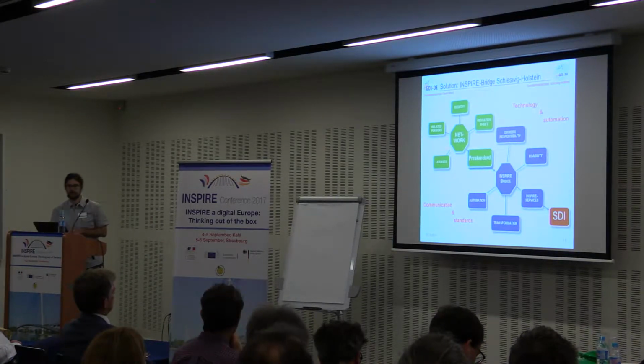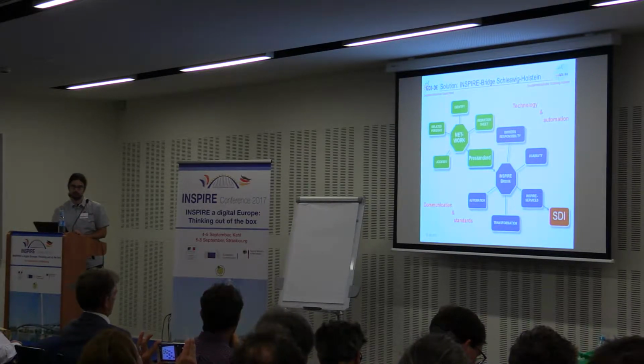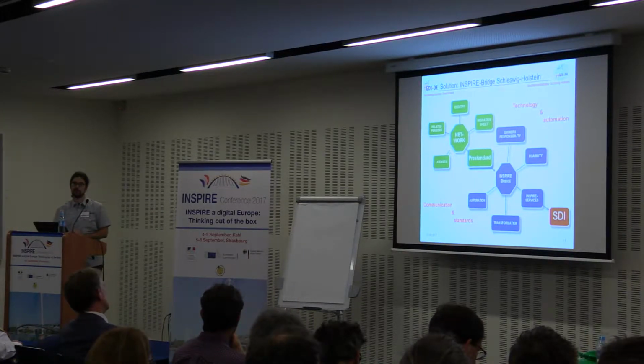Our solution is the INSPIRE Bridge, which is much more than just a technical solution. One main issue is to identify the INSPIRE-related spatial data as well as to create migration sheets. And for this purpose, we initiate so-called field network groups for the different Annex themes.